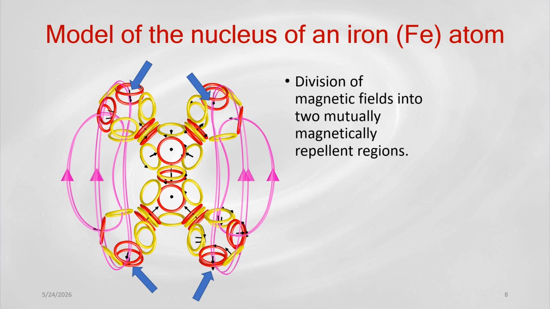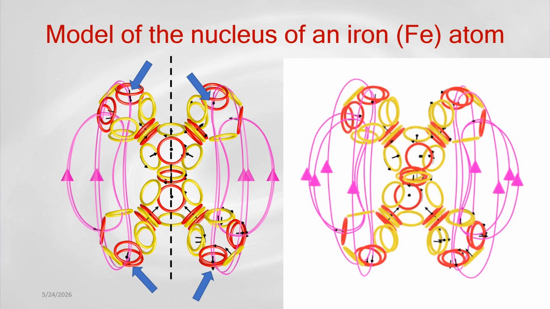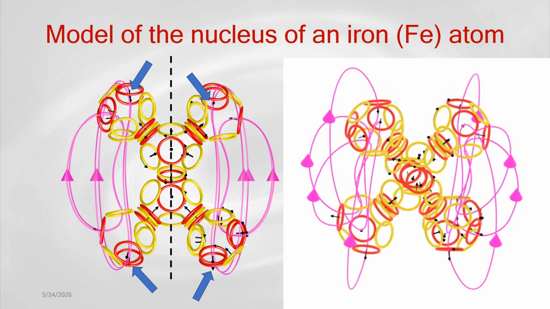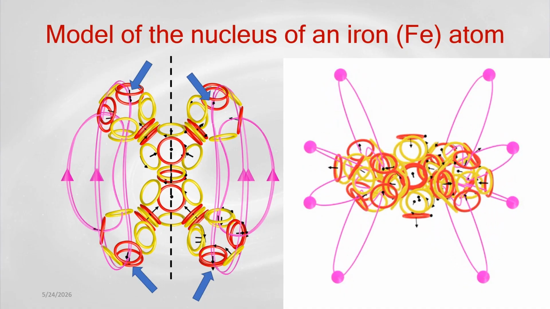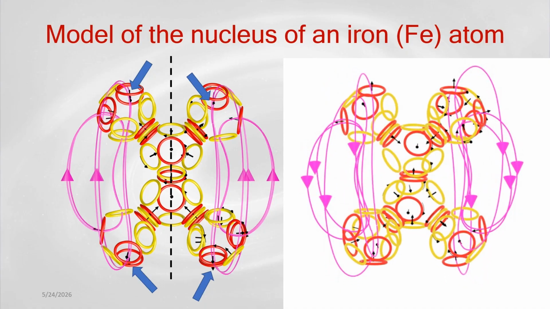When the magnetic induction lines generated by these protons are visualized, the magnetic field naturally separates into 2 distinct regions, whose magnetic fields repel each other. This mutual repulsion contributes to the dynamic balance of the entire nuclear structure.